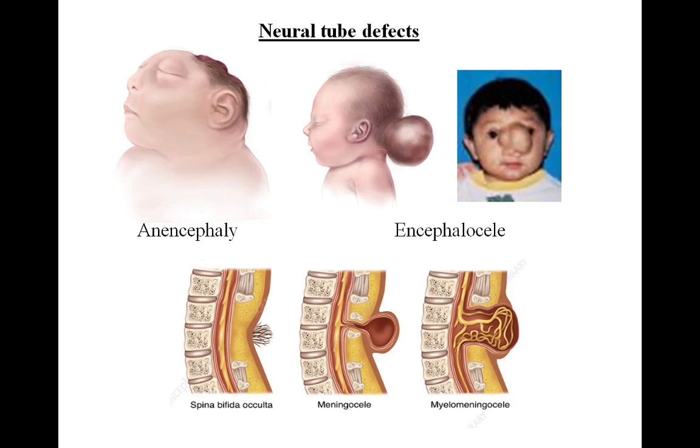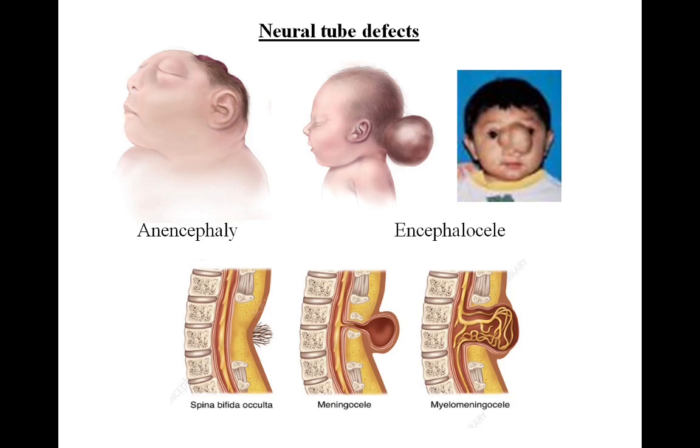This neural tube defect can be prevented in most cases by folate, by folic acid. The neural tube defect is not only due to folic acid deficiency, but may also be due to some genetic factors.